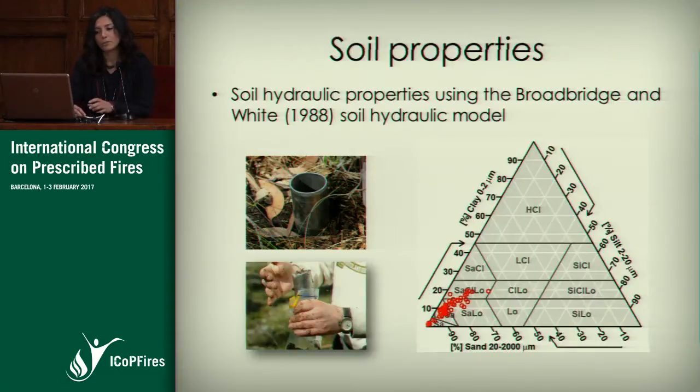For the soil properties, we took samples of soil from the top 10 centimeters and ran a particle size analysis to be able to use a hydraulic model to get the soil hydraulic properties. And as you can see, the red dots show that most of our soils are sandy and sandy loam.